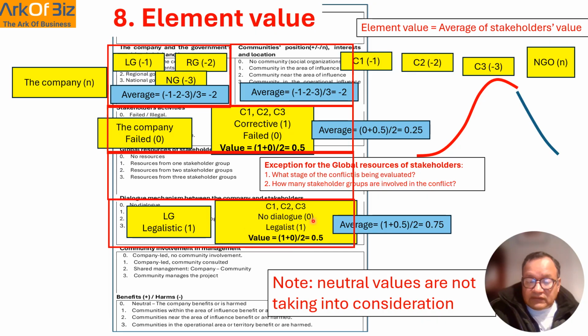Let's calculate the average for this stakeholder group. The average is 1 plus 0 divided by 2. This is 0.5. And the element value, the dialogue mechanism element value, is 1 plus 0.5 divided by 2. We have 0.75. Right? Okay.